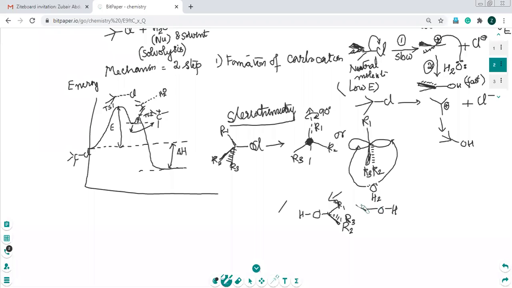And you can have the opposite product also. What is the opposite product? This is the opposite product. Mirror image of this. R1.